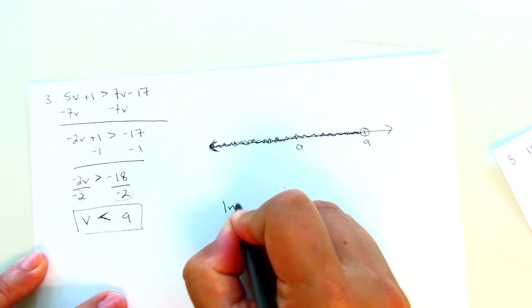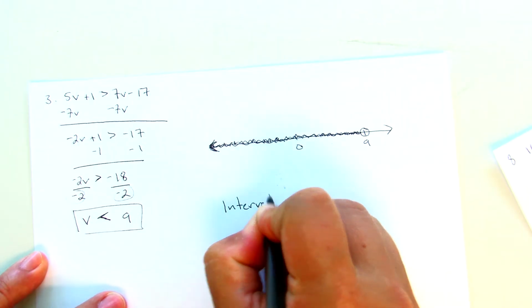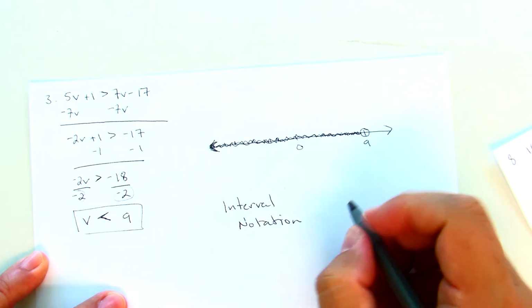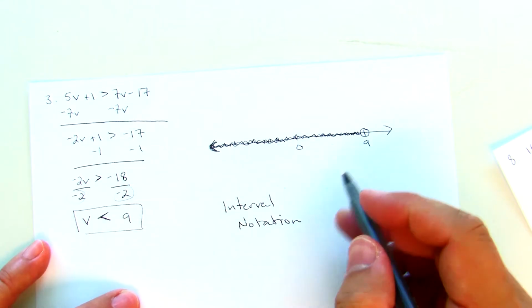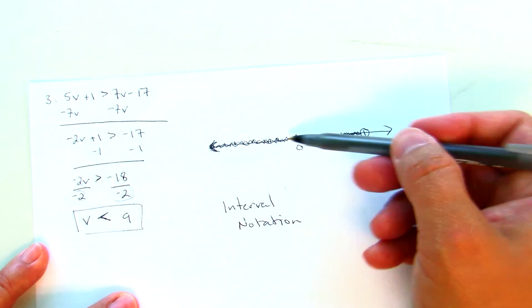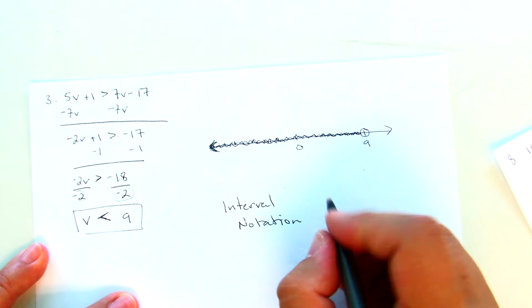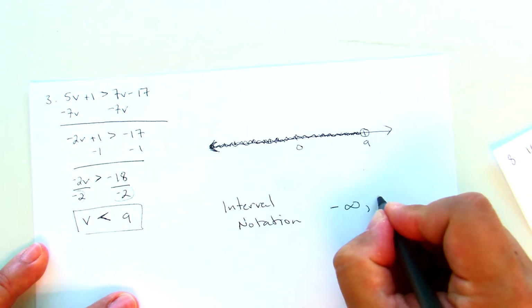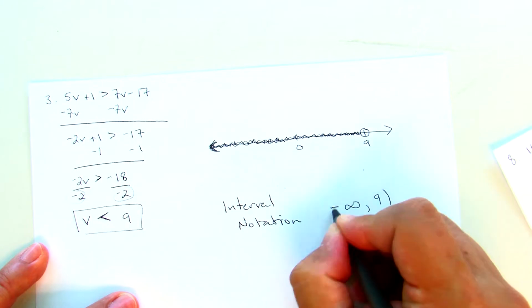Using interval notation, we would write that like this. We would say everything less than 9, so it's going to be everything all the way down, think about a number line, all the way down to negative infinity, and up to 9. We would write it like this.